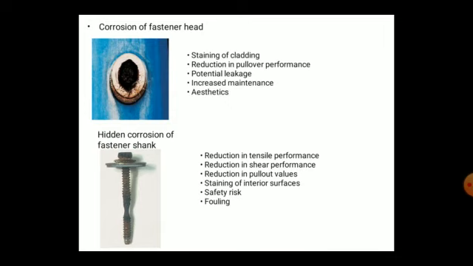These things happen in the case of your bolt head or nut arrangement. Then there is hidden corrosion of fastener shanks. Some portion will get a reduced shape due to corrosion. These are some of the things you can observe here with the help of pictures.